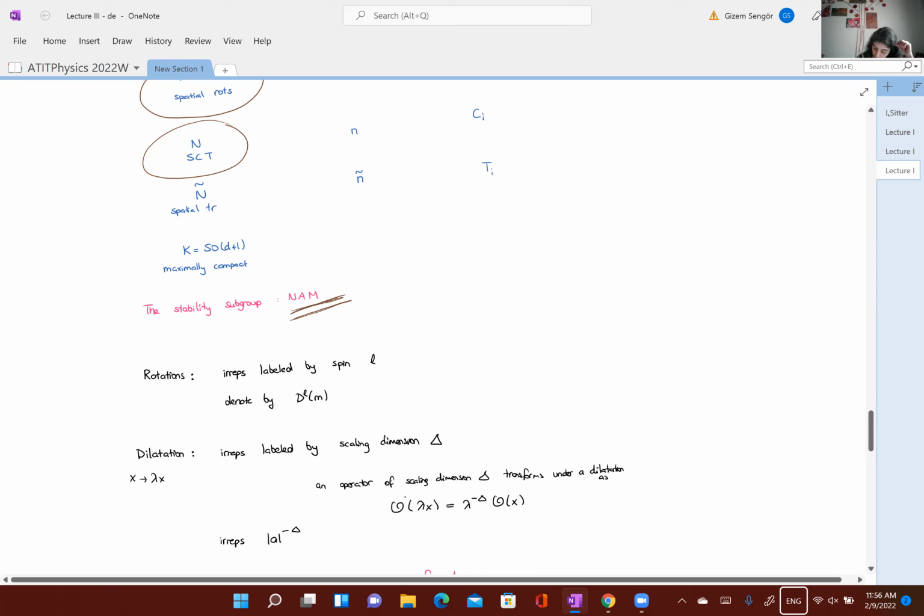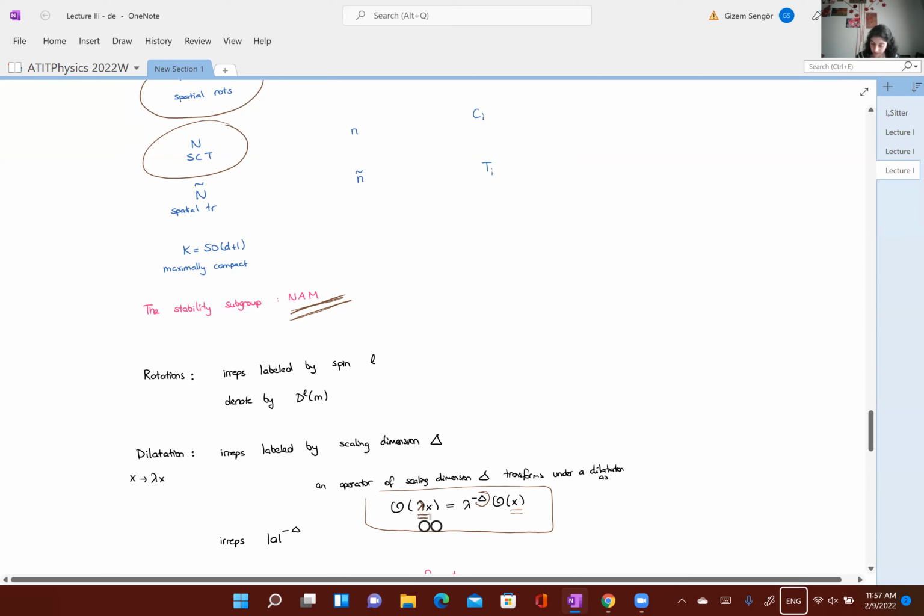This is as such. If you send the coordinates x to lambda x, an operator changes like this, in terms of the new coordinates and in terms of the old coordinates. An operator transforms like this under the dilatation, where the amount of scaling you did comes out with an exponent.